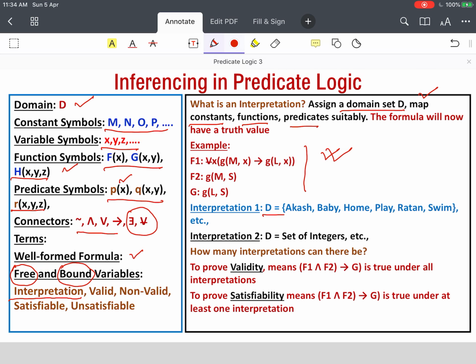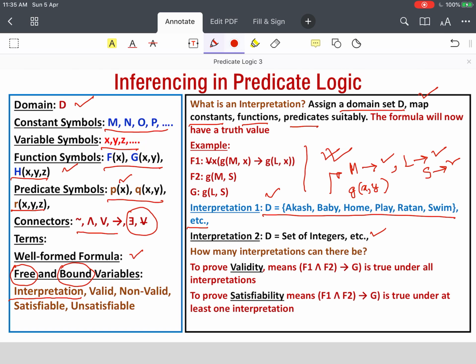We saw this example as before, and we looked at one domain where we defined elements such as Akash, baby, etc. We mapped M to some element in the domain, L to some element in the domain, and S to some element in the domain. We defined a function g(x,y) in the domain as defined here, and then we could see whether that is true for that interpretation or not.